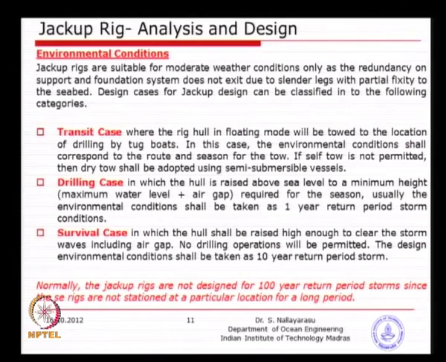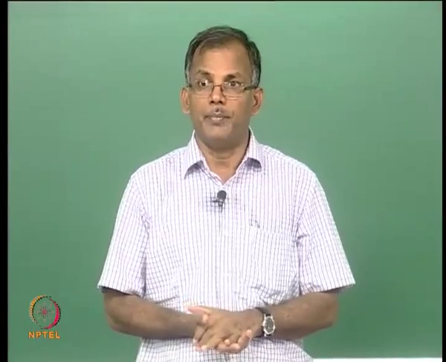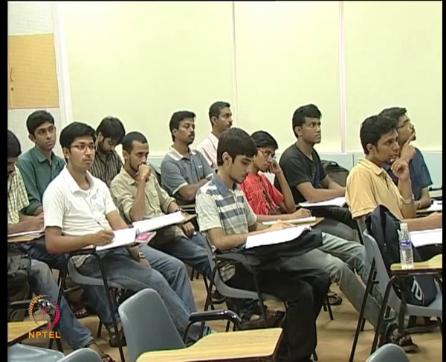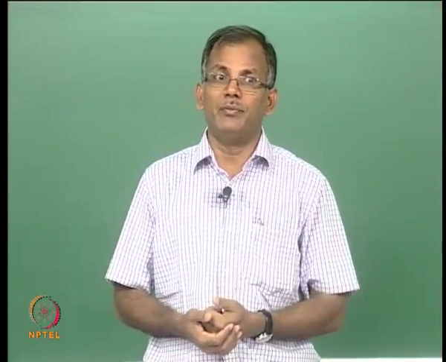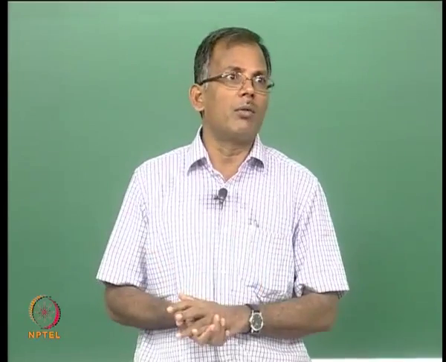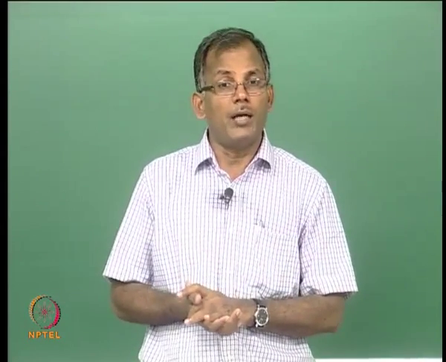Suppose you want to take the jackup rig from, say, the North Sea to here. Instead of self towing, you can put it onto a semi submersible ship and then transport it, then offload it. By doing this you do not need to design for the severe environmental conditions that you will encounter from the North Sea all the way down, and also the towing operations could be very slow, because these jackups are simple rectangular pontoons or triangular pontoons, and cannot be towed very fast.